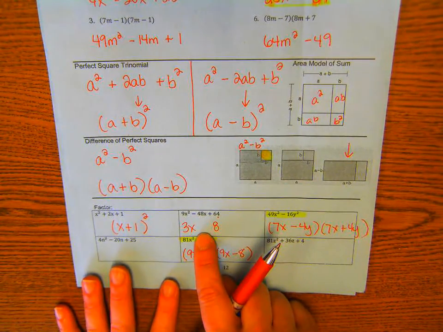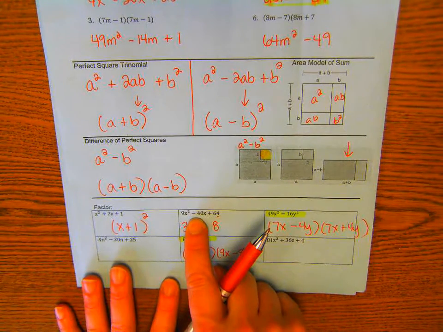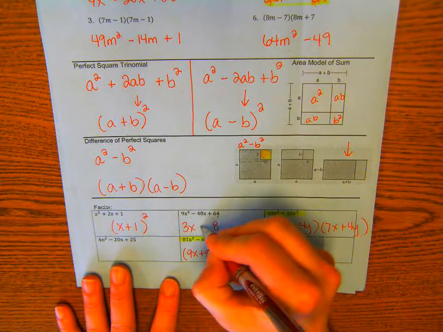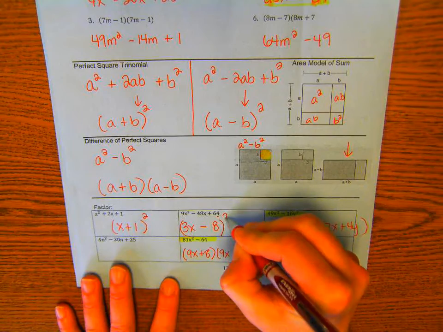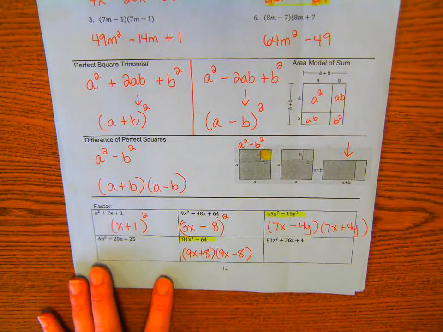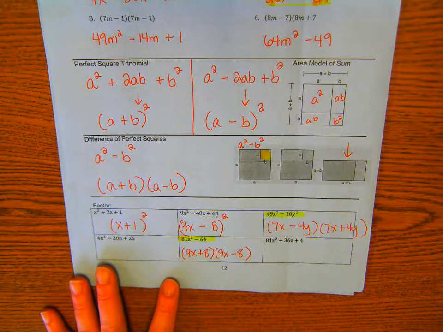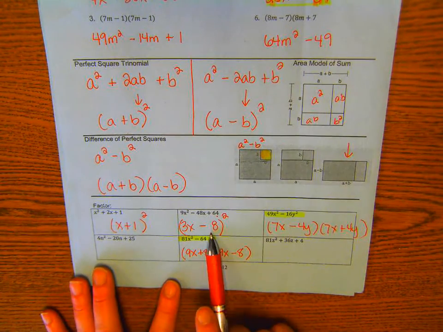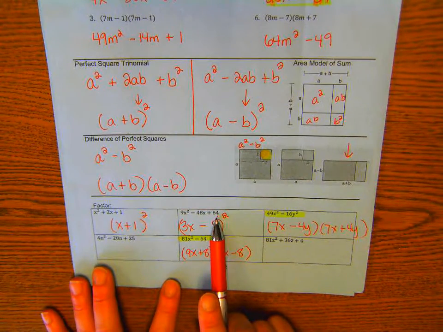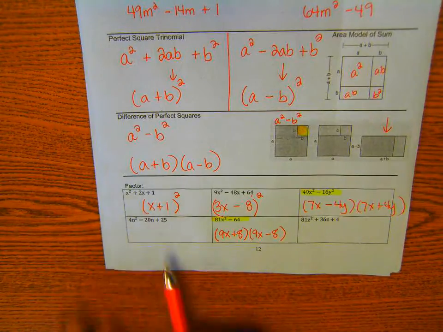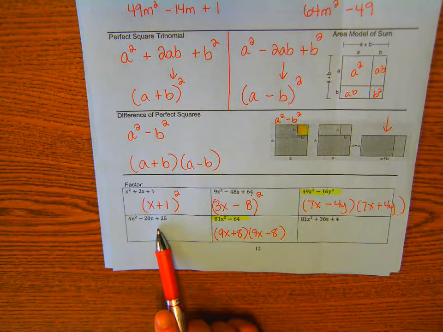Is this a plus or a minus sign? Minus. 3x minus 8 parentheses squared. Because think about that. You'd have minus 24x, minus 24x, but what is negative 8 times negative 8? A positive 64.